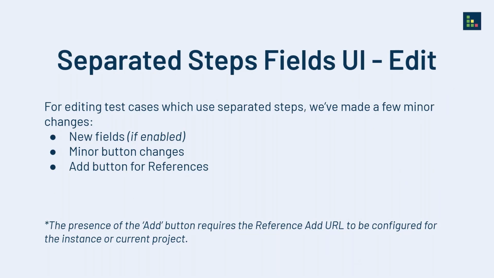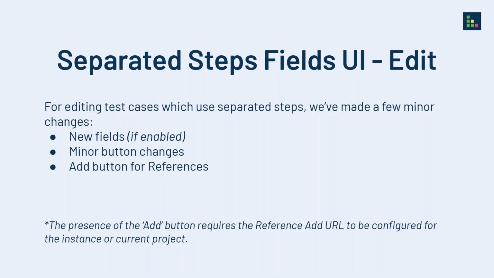So moving on, in the UI, we've changed how the edit screen works for separated steps. So you now have the option to use the new fields. We've made some changes to the buttons and added a button for references. So the add button for references will utilize the reference add URL for your integration.